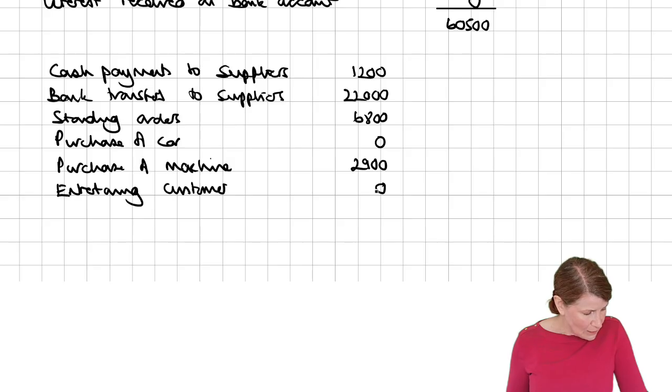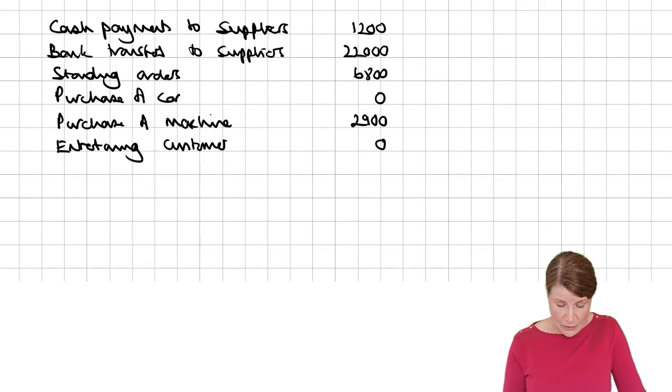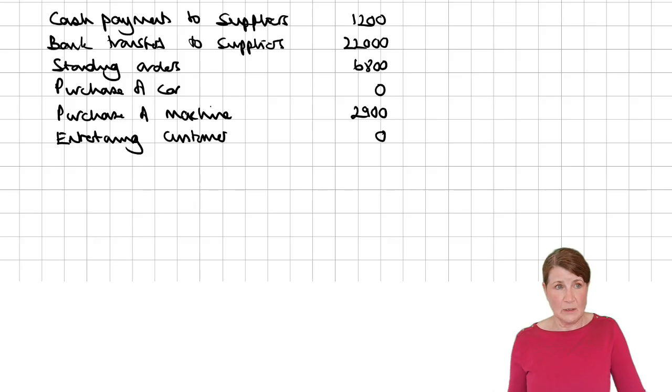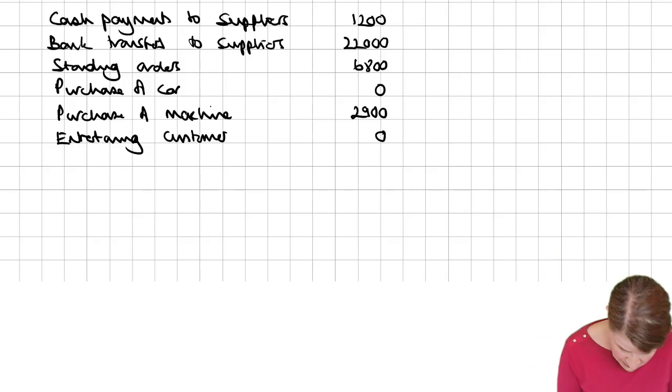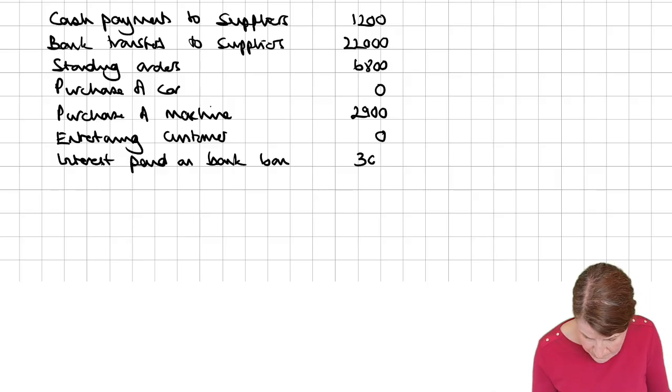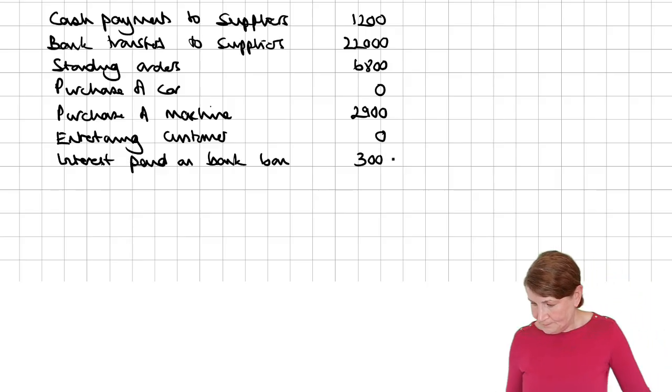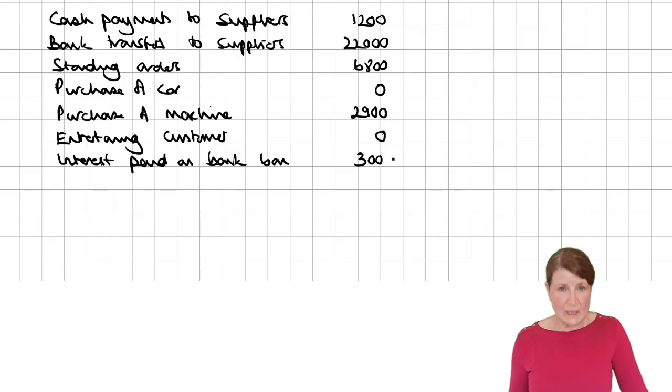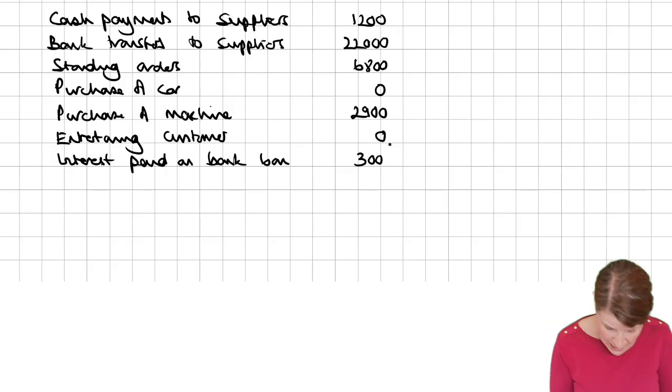And interest on a bank loan, once again, I'm assuming that the bank loan is for trading purposes because the question doesn't tell us otherwise. So interest paid on the bank loan is 300. And then the only other thing that we've got to deduct is the fixed rate mileage allowance in respect of the car.